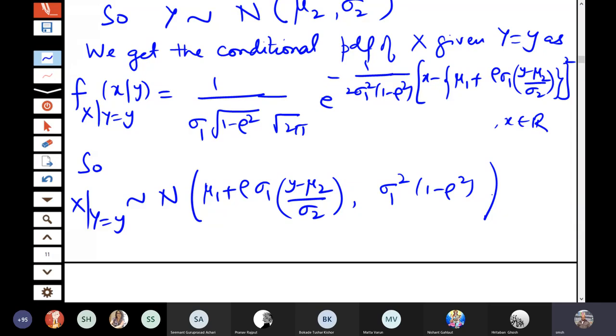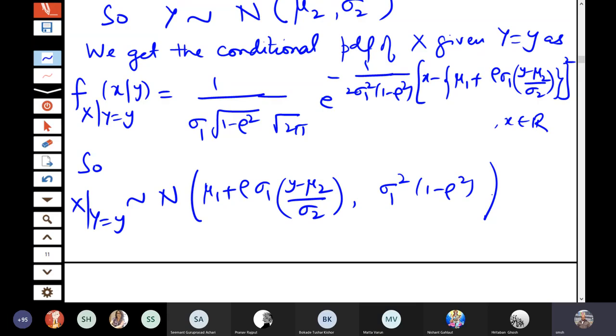So if you have a joint bivariate normal distribution, the conditional distributions and the marginal distributions are univariate normal. This is a very, very interesting property of joint bivariate normal distribution. You can also look at the converse. If the distribution of X is univariate normal and the conditional distribution of Y given X is univariate normal, then if you combine the two, you will get the joint distribution as bivariate normal.